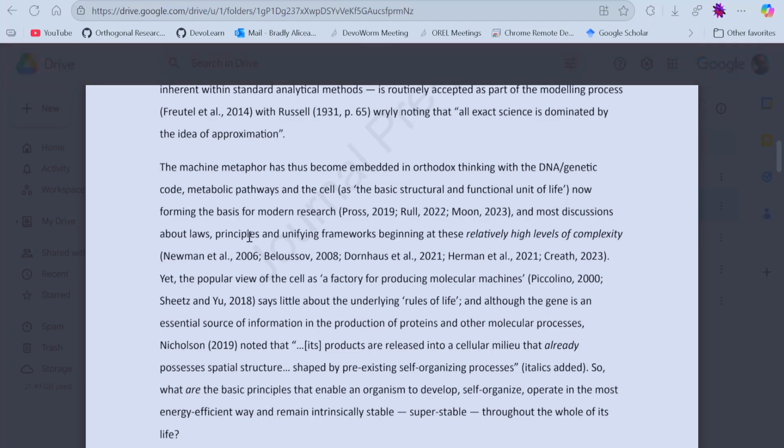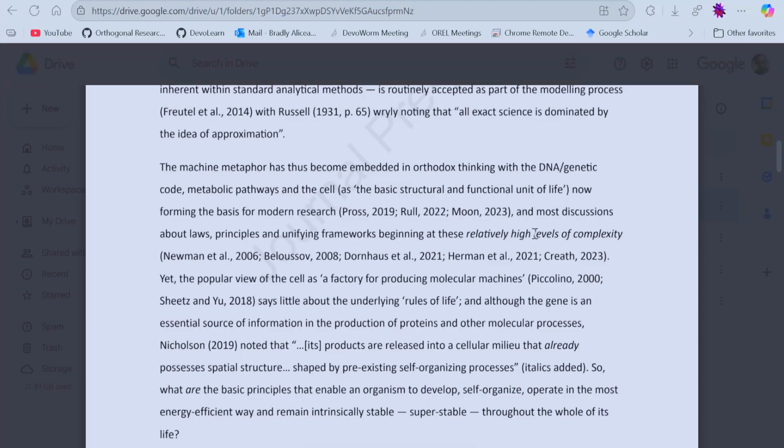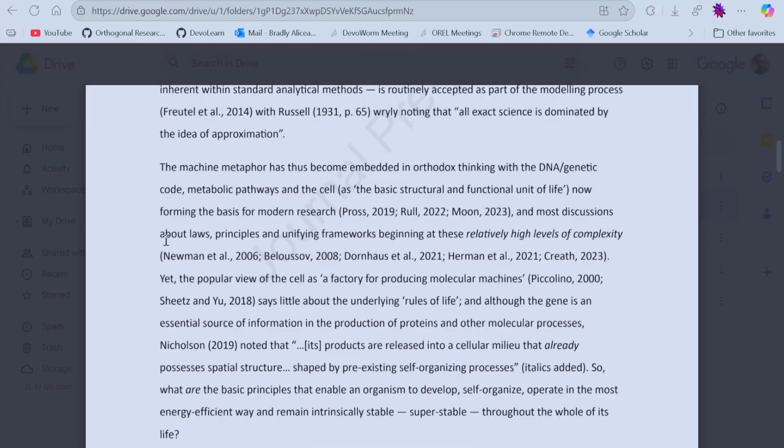In most discussions about laws, principles, and unifying frameworks, beginning at these relatively high levels of complexity. So again, we're talking about different laws and principles in physics, and one of the aims of physics is to extract laws from data, so that nature is lawful, and we can extract laws that we can predict and rely on.